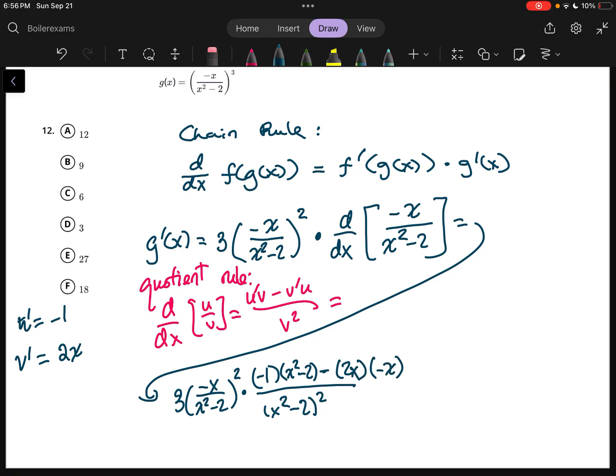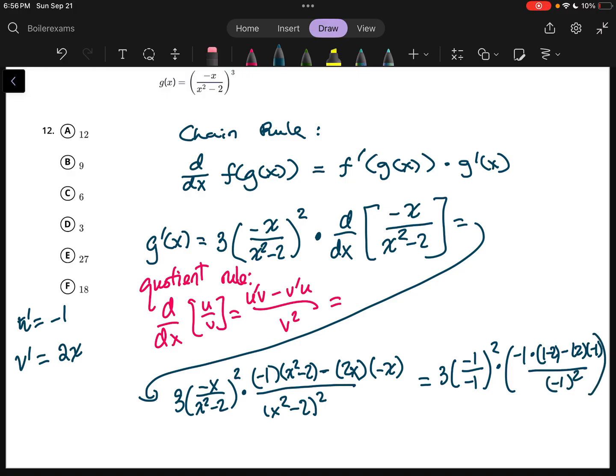Okay, and now if I plug in 1, I get 3 times the quantity negative 1 divided by negative 1 squared, times negative 1 times 1 minus 2, minus 2 times negative 1, divided by negative 1 squared.